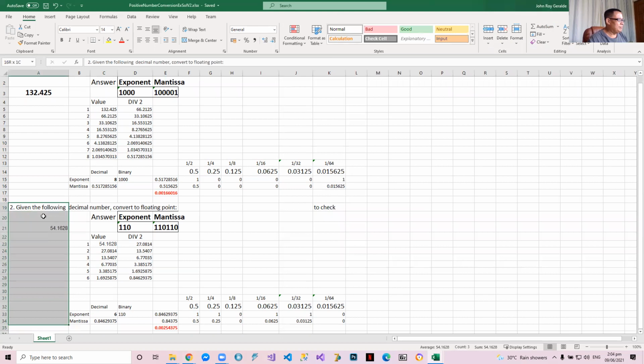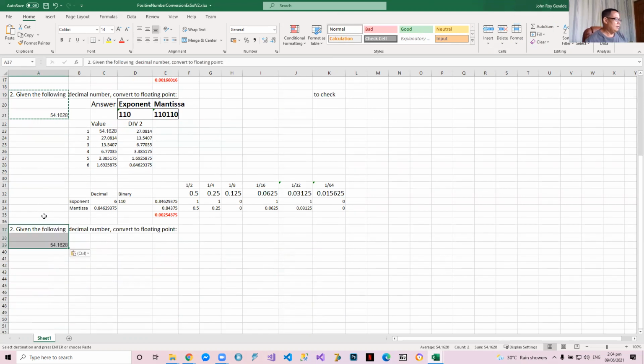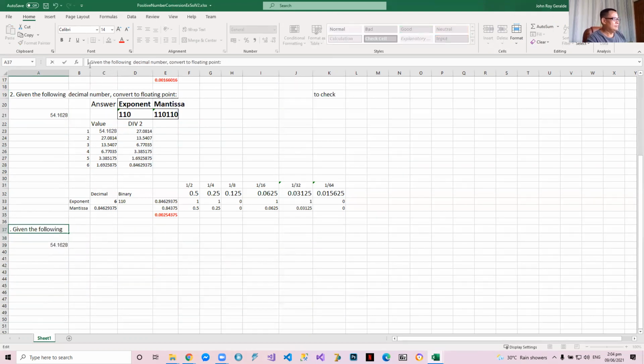Just copy this. Number 3. Convert to fixed point binary.